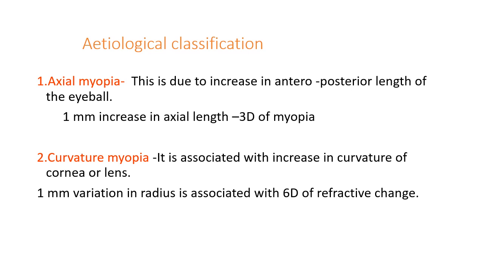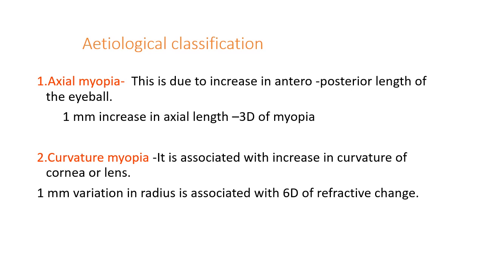From the etiological classification, the varieties of myopia are axial myopia, curvature myopia, and index myopia. Axial myopia is due to an increase in the anteroposterior length of the eyeball. A 1 millimeter increase in axial length will cause 3 diopters, that is, -3 diopters of myopia.